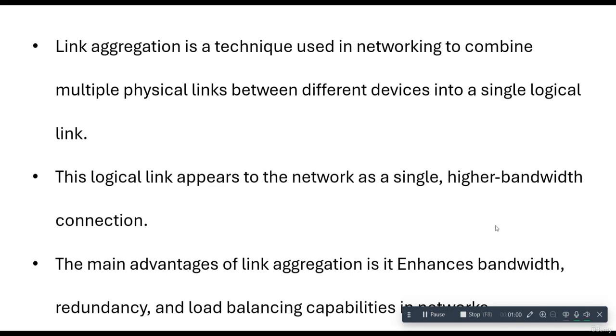The reason it's considered a higher bandwidth connection is that you are clubbing or bundling multiple physical interfaces, so the capacity of each physical link is now combined. For example, you have two devices, A and B, and you have established three 1 gig links between them.